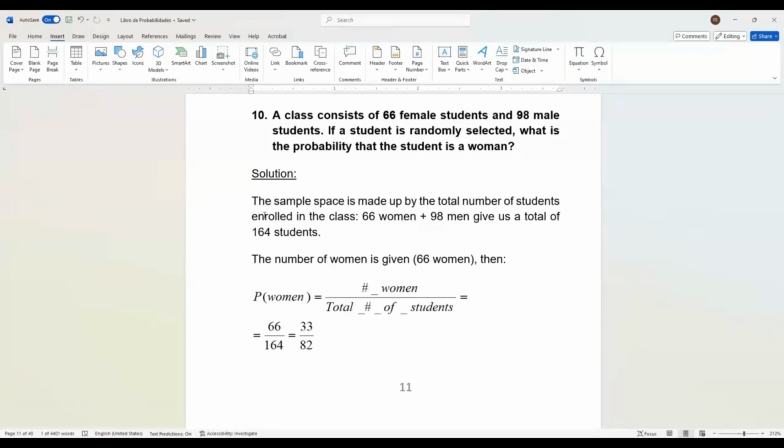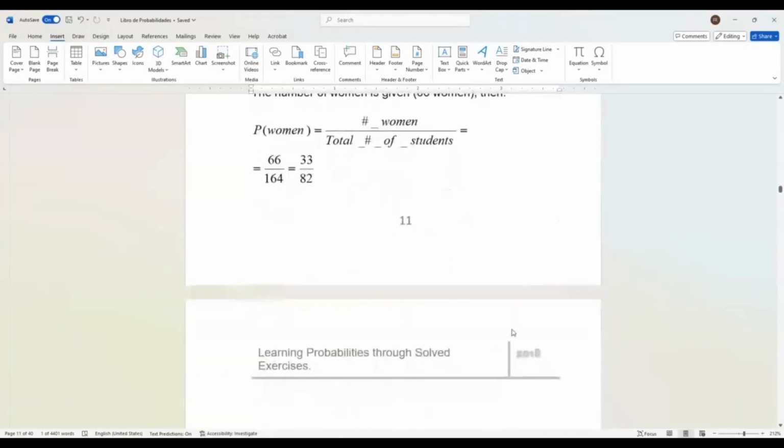Now, you have to find the probability of women, and you have only 66 women, so the probability of women is the number of women over the total number of students, which is 66 over 164, which is then 33 over 82. You see, I always simplify my answers.